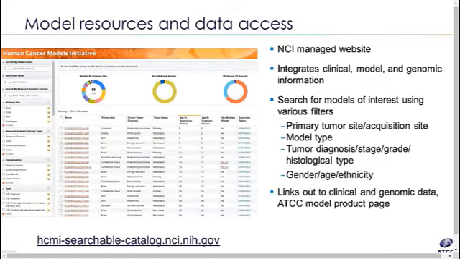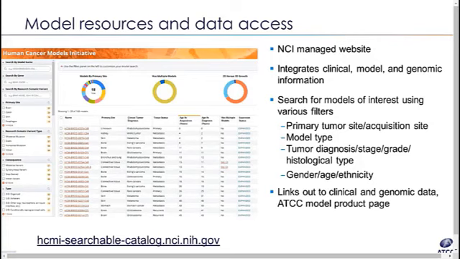For the next few slides, I'll focus on the resources available to access supporting information, such as the clinical and sequencing data, as well as information and support ATCC offers. Here we have the HCMI searchable catalog managed by NCI. It integrates some clinical information and allows you to search for models based on characteristics of your choice.